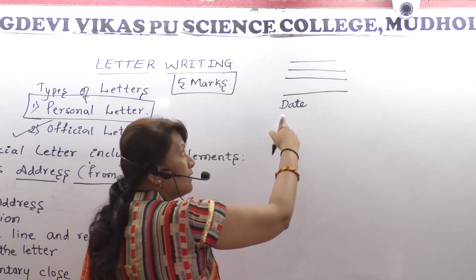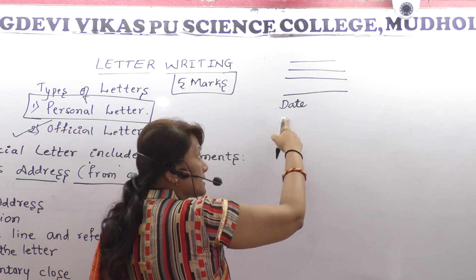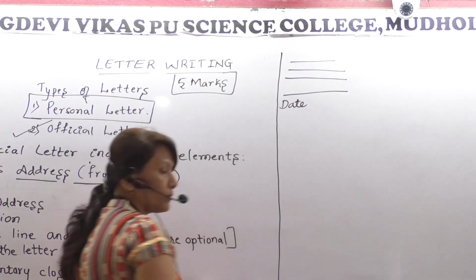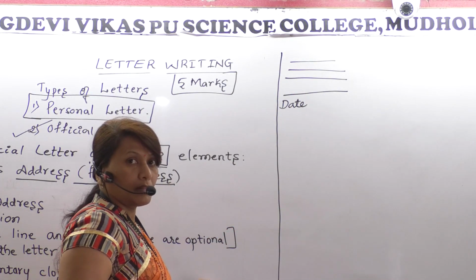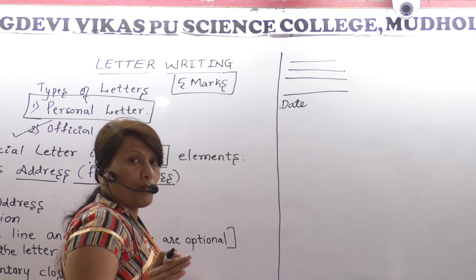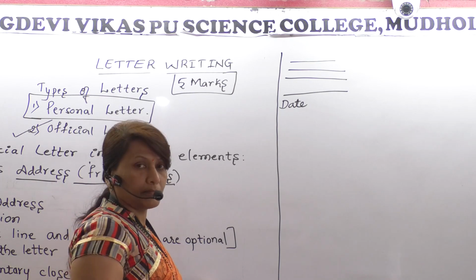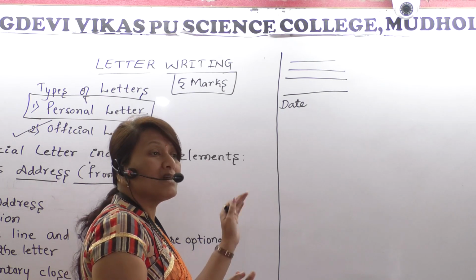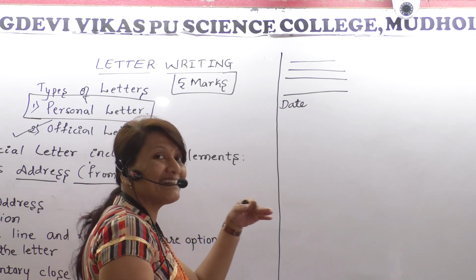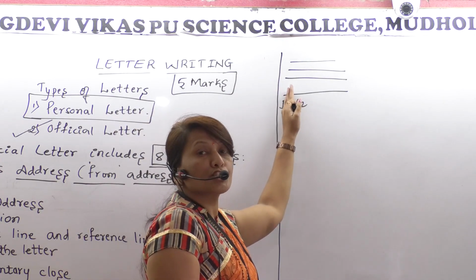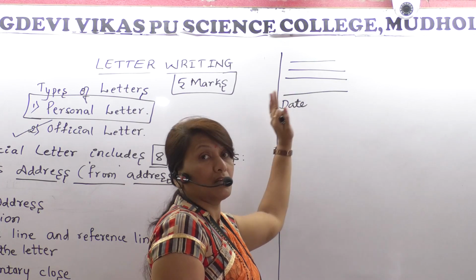Second point is the date. And I even want you to know that whenever you write the official letter, you must begin your official letter from next to the margin.